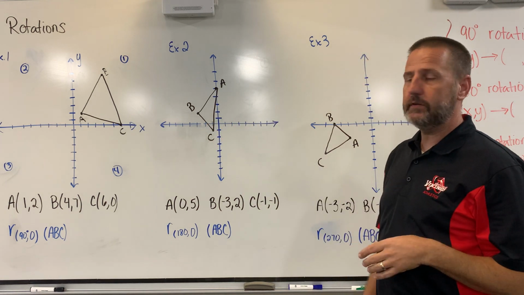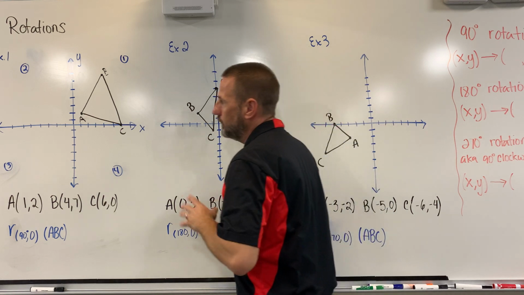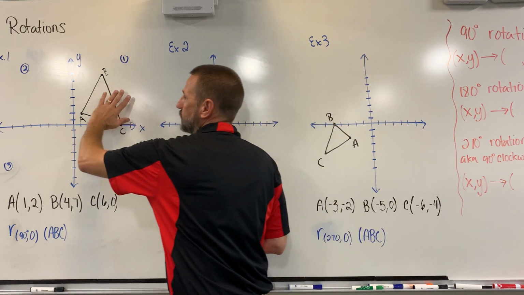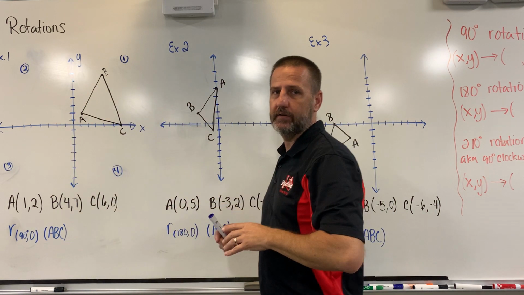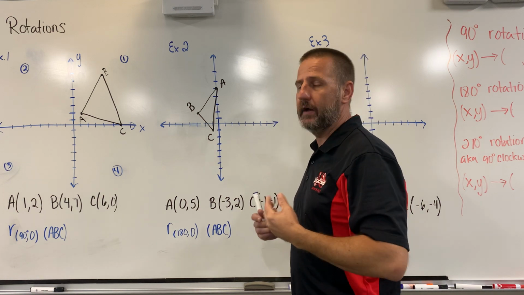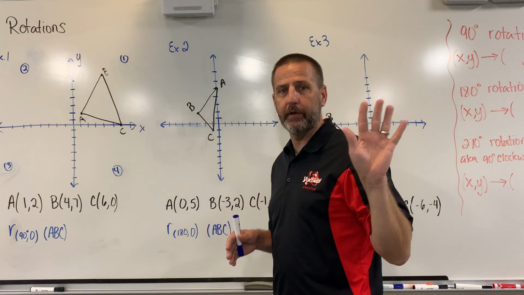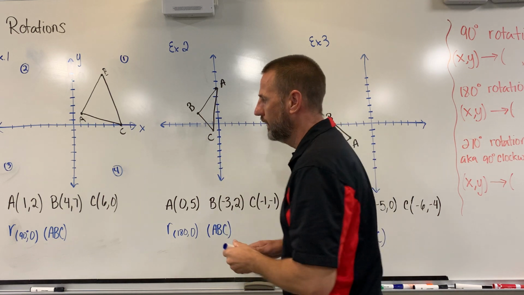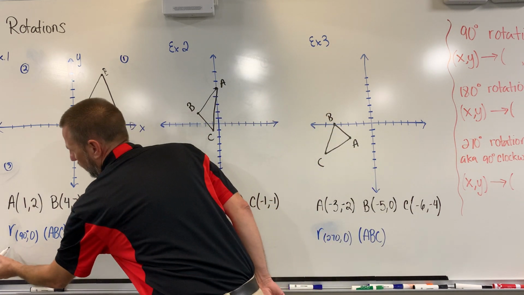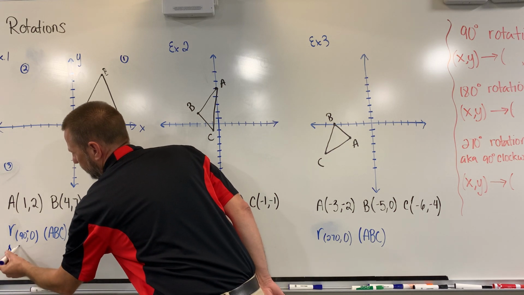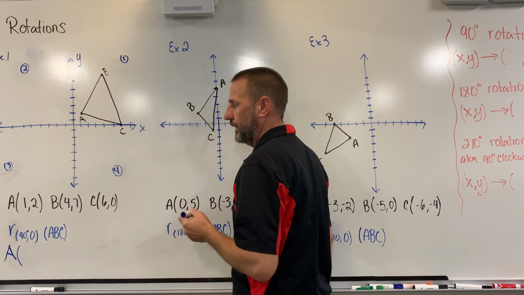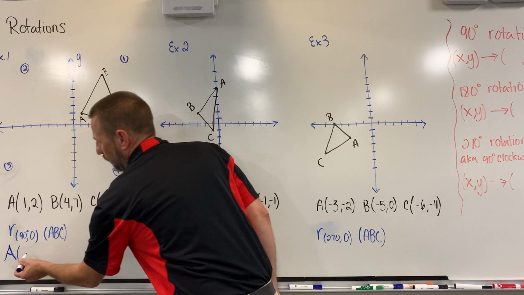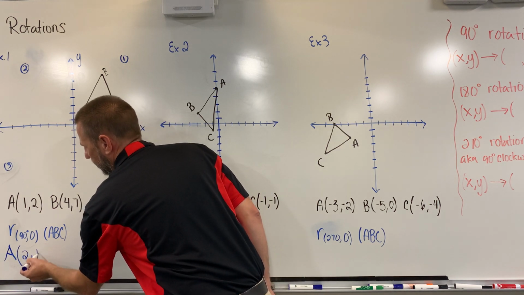The way you achieve that is you have to switch the x and y values. I can't keep the x and y values in place because that would be a reflection, and we're doing a rotation. We're swinging the whole thing around. So I take my A coordinate, 1 and 2, and I switch them to 2 and 1.